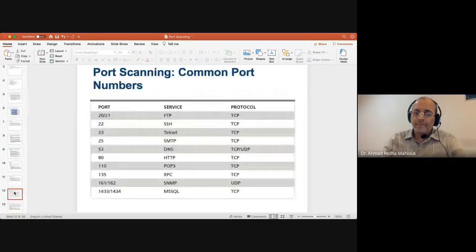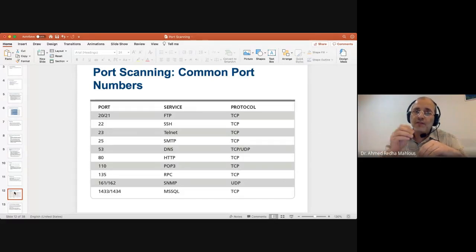Sometimes you get an open port, sometimes you get a closed port, and sometimes you get what is known as a filtered port. You don't have open or closed. What is meant by a filtered port? It means that there is a firewall preventing you from getting information about that port.